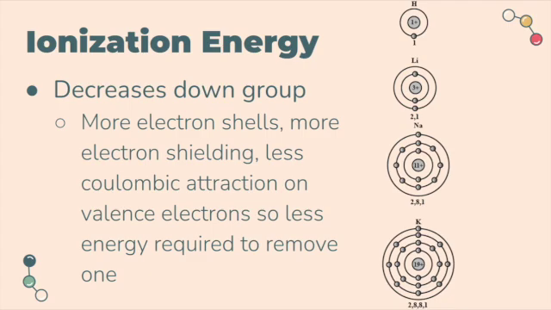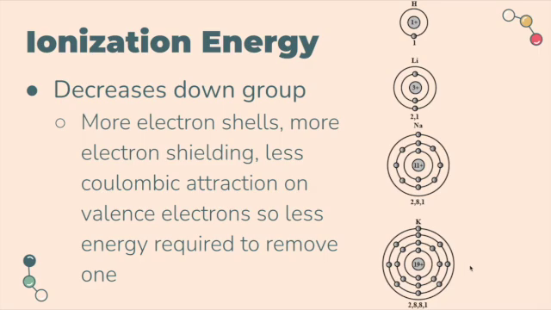As we move down a group, we decrease the amount of energy required to remove an electron, so it basically gets easier for us to remove one, because it's the same reasoning. As you move down a group, you increase the number of electron shells, which means that there's more electron shielding and less Coulombic attraction.